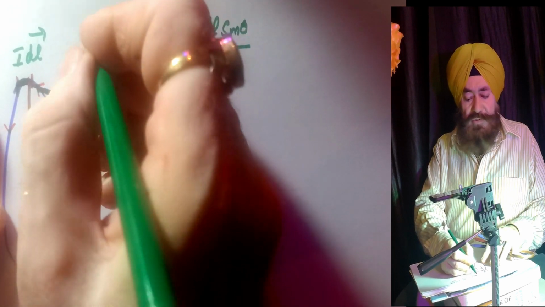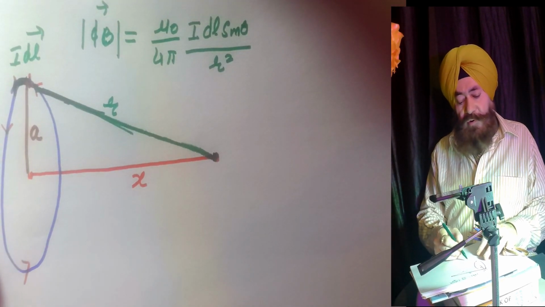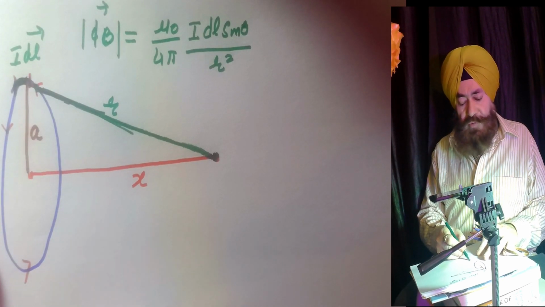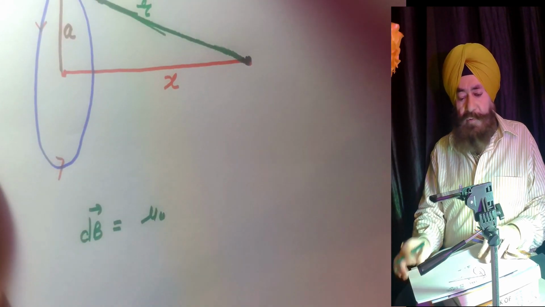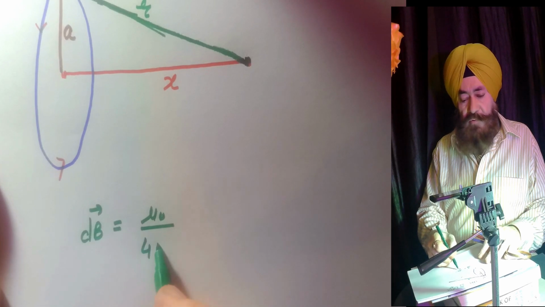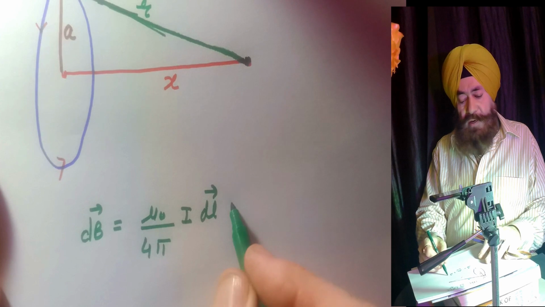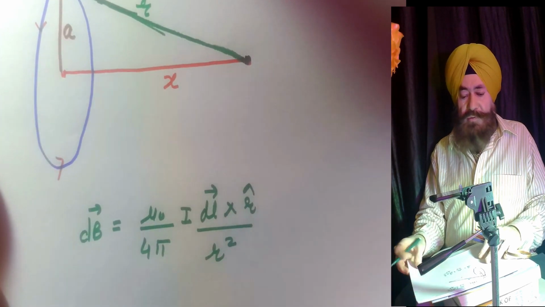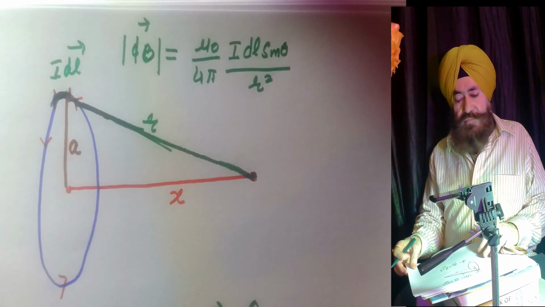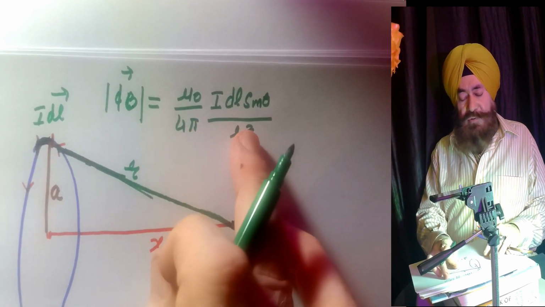It is in magnitude. You should also know the formula in vector form. In vector form, the formula is mu naught over 4 pi, I dl vector cross r cap upon r square. This is in vector form, this is in magnitude.